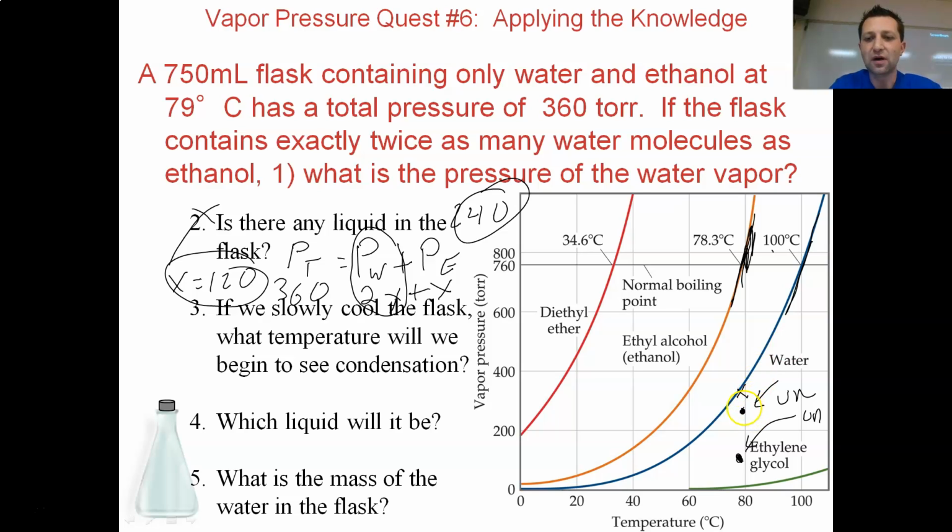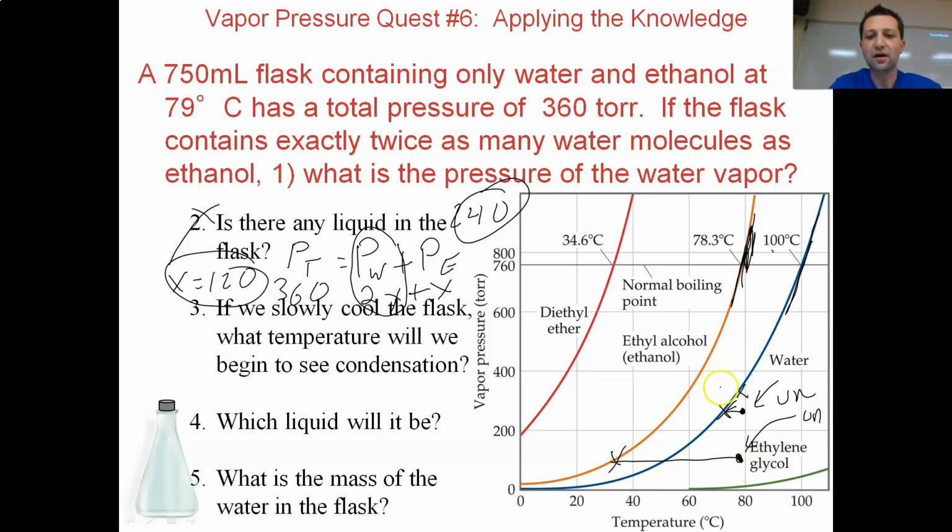So this is our water point right here. Let's slowly cool it, drop the temperature, and we see we hit our saturation point right there. But with ethanol, we've got to cool it, cool it, cool it, cool it. It doesn't get to its saturation point until here.